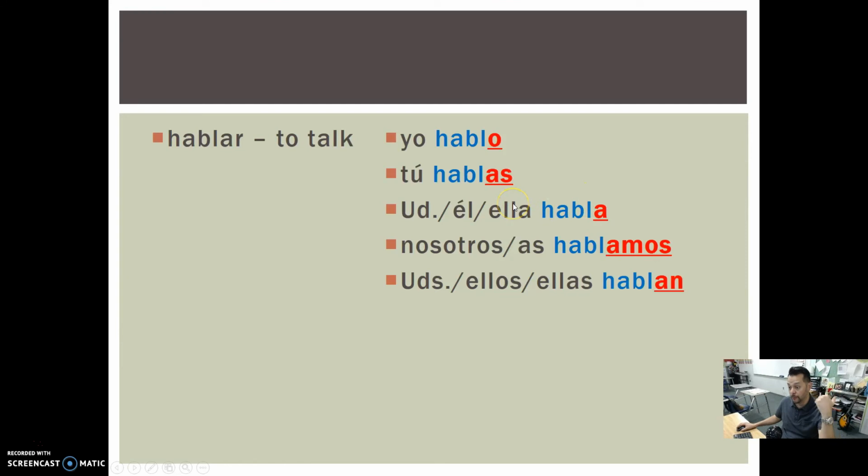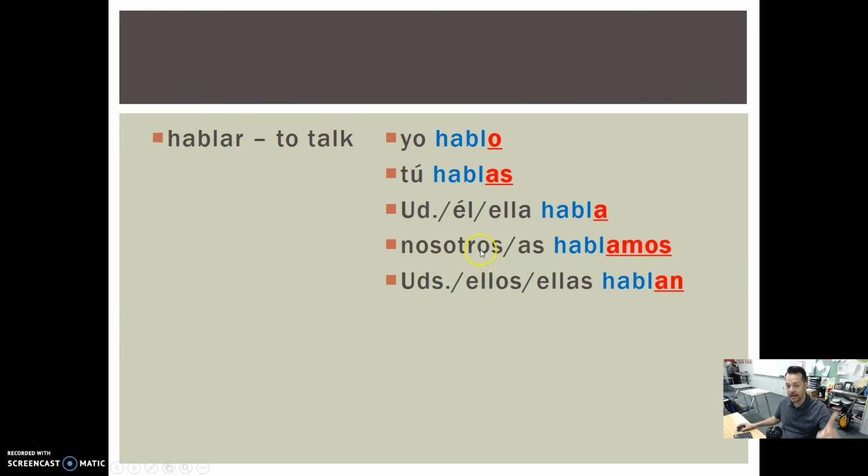You could be talking about ella, and you say ella habla, okay? So, usted, él, ella, they all share the same conjugation. They all share the same change here. Habla, all right?